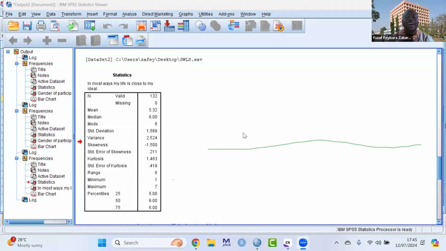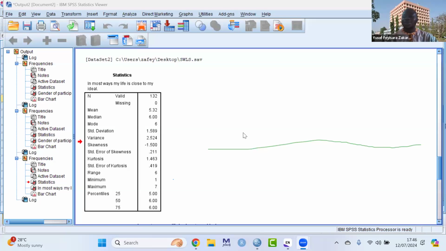That means the 50th percentile equals the second quartile, which is equal to the median. So the 50th percentile equals the second quartile, which is equal to the median.